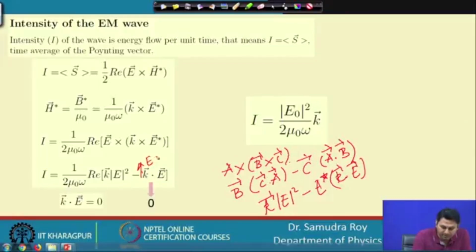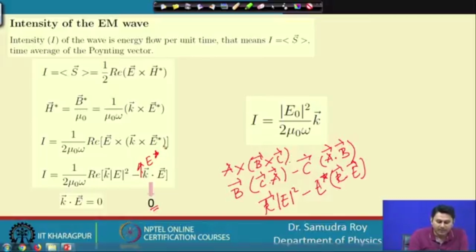But k dot E is 0. We found in the previous calculation that k dot E is 0. If the k dot E term is 0, then we should not bother about the next term.